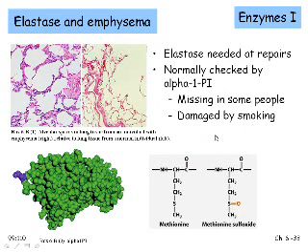The importance of controlling both proteolysis and the inhibition of proteolysis is especially vivid when we look at elastase and emphysema. Elastase is one of those three members of the first protease family we talked about.